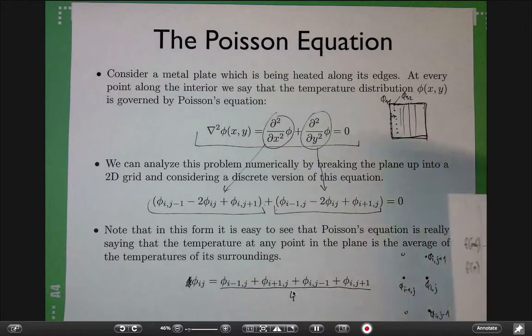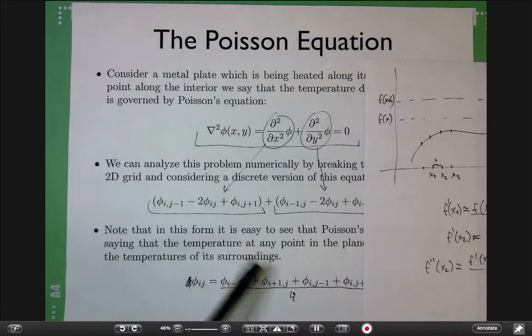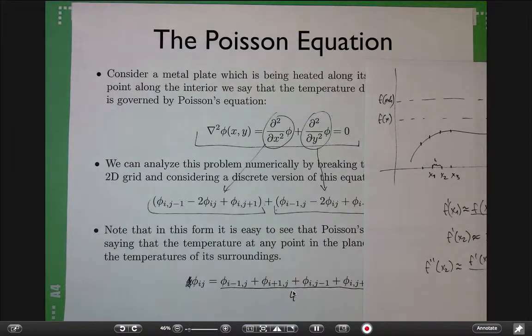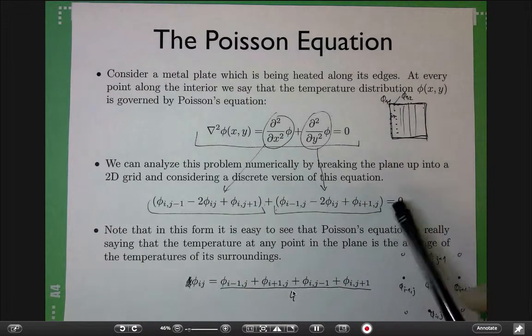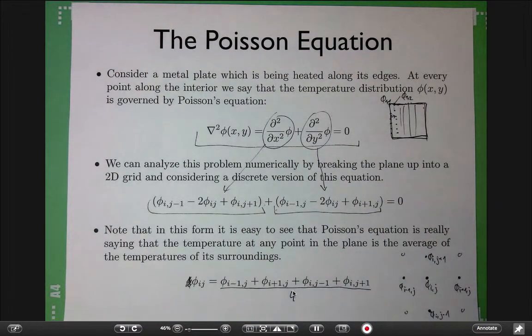So this way is showing that this thing here is called a finite difference approximation of the second derivative. And it's a linear expression. So if I say a linear expression has to equal some right-hand side, that's a linear equation.